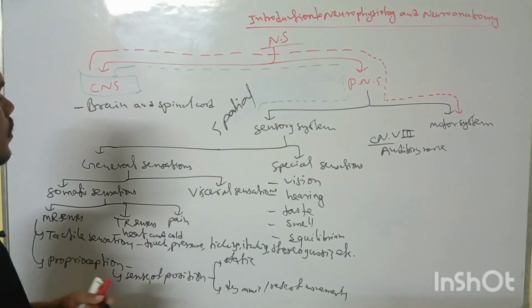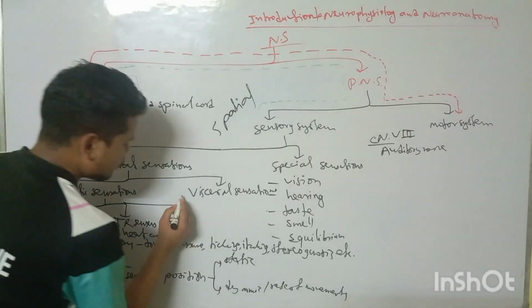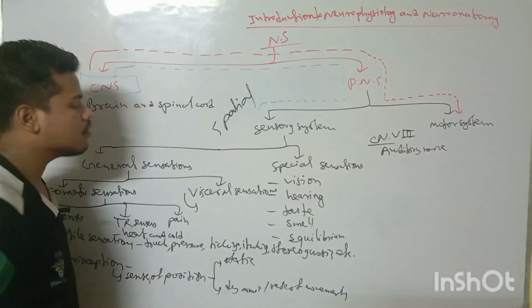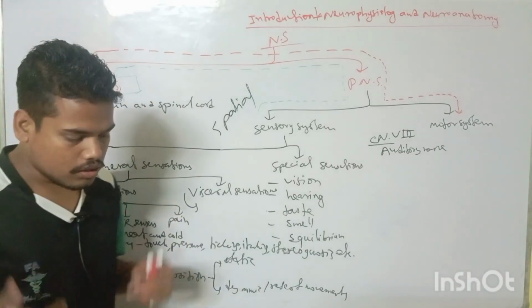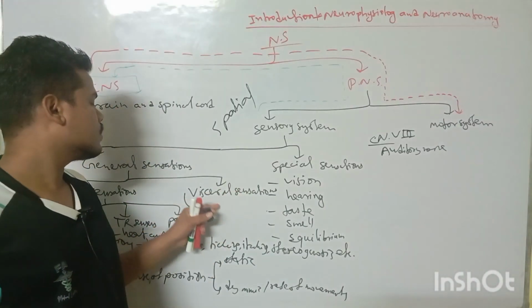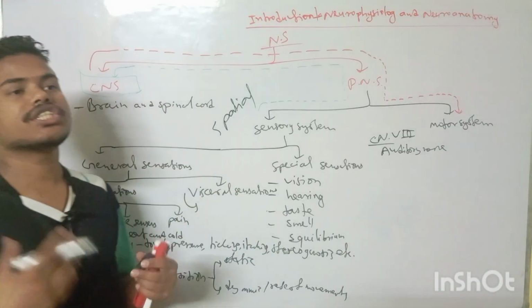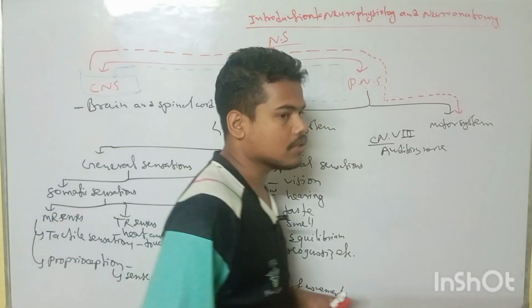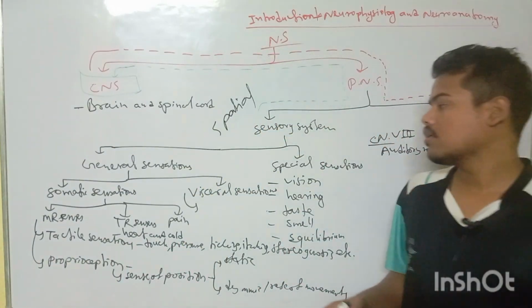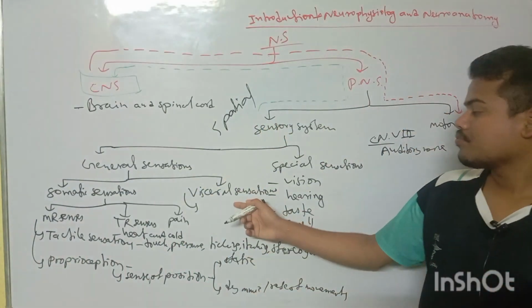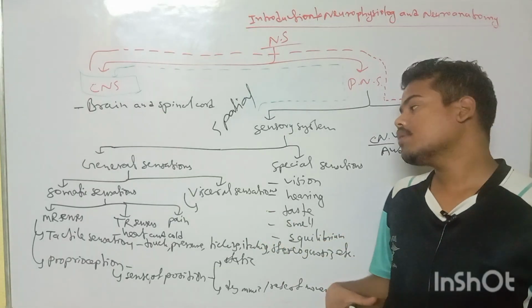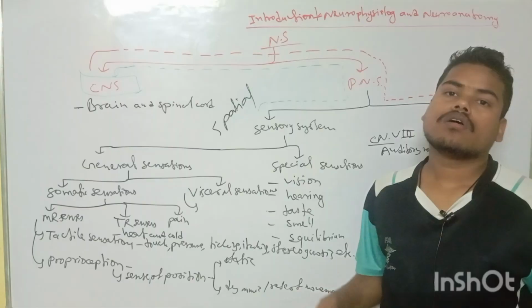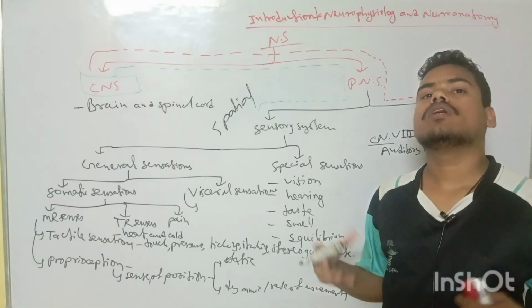Now visceral sensations, can you give examples of the visceral sensations? We earlier mentioned that visceral sensations are the sensations from the visceral organs or the internal organs. So what happens is that in the internal organs, most of the time we are not aware of the sensations.